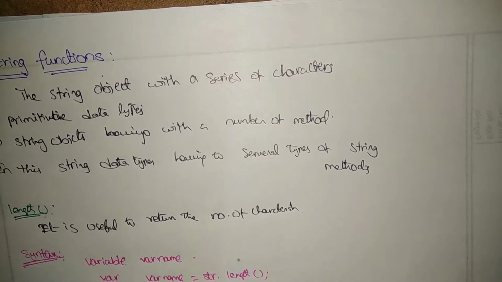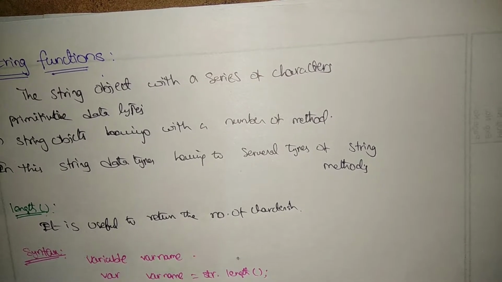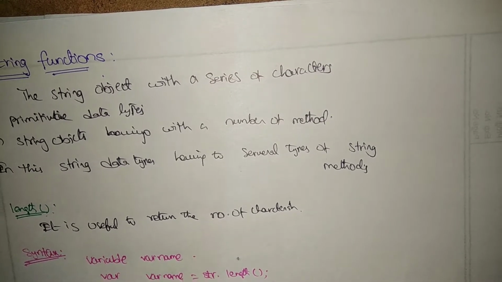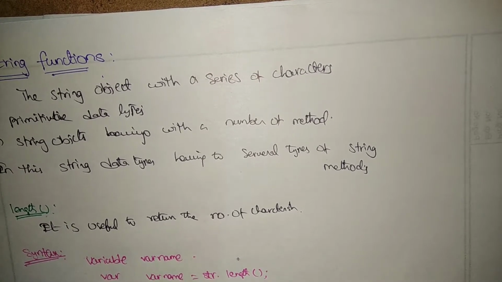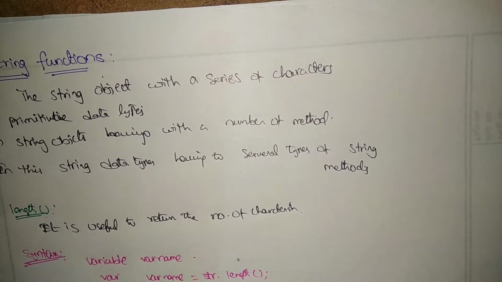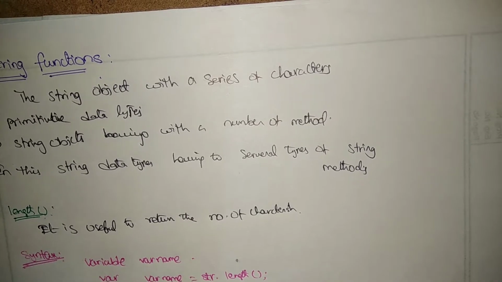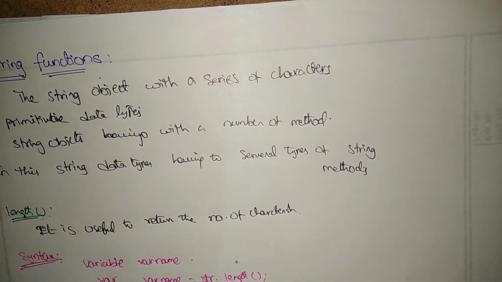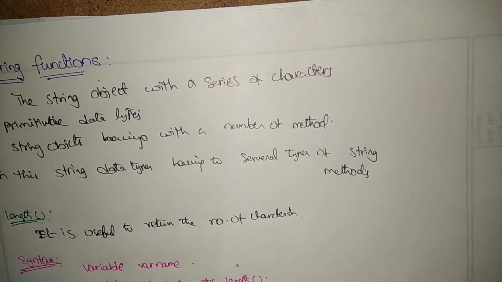Now we have assigned the variable str equal to Raju. Now variable L equal to str dot length. The length of the string Raju assigned to the str variable will be determined by the length method. It is one of the string functions.